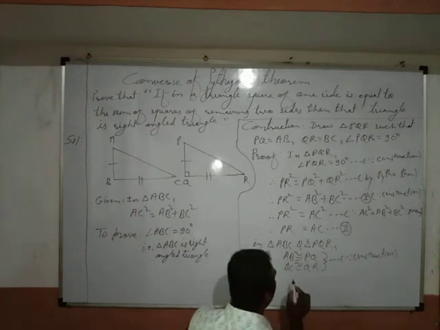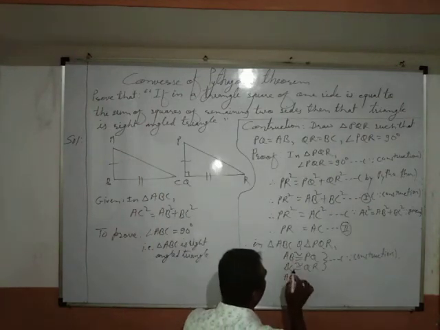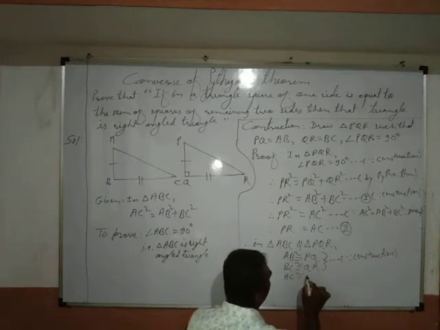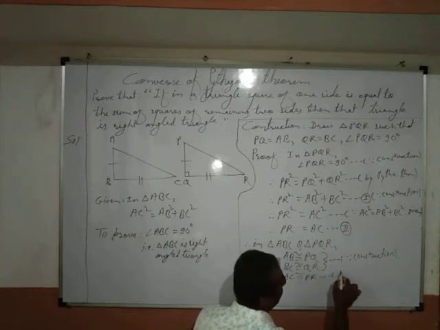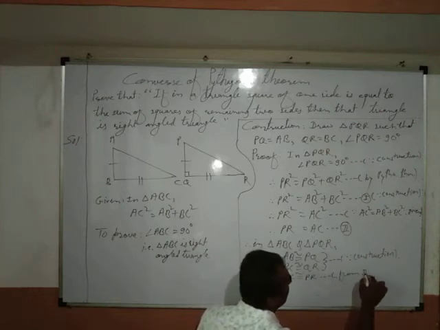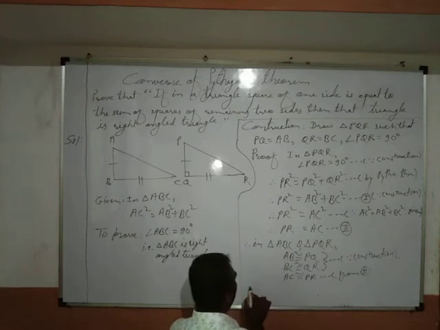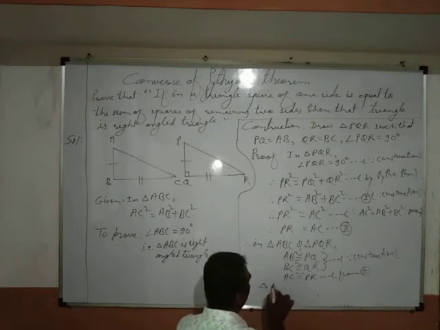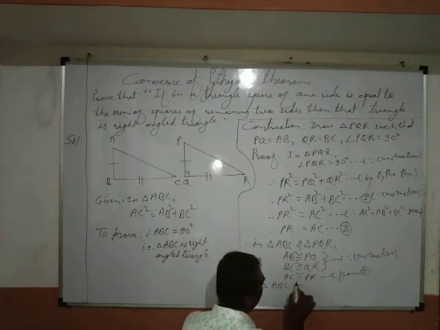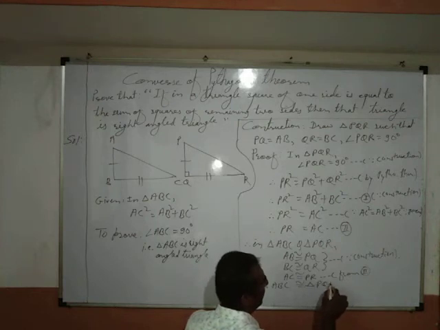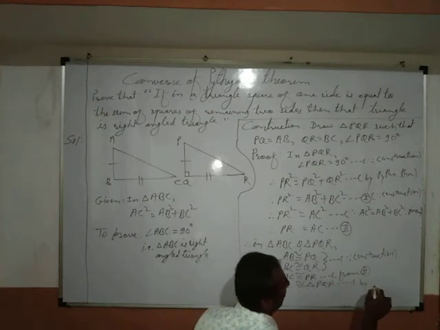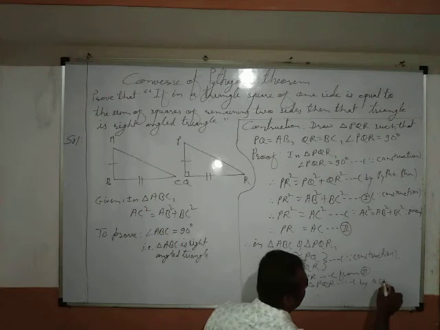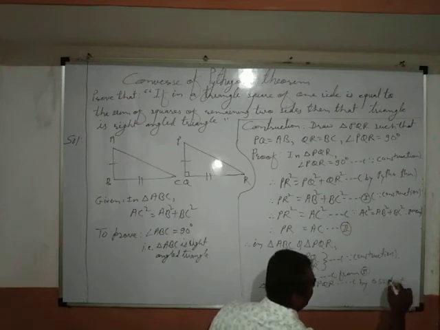And the third side, that is AC, AC is congruent with PR from second, and therefore triangle ABC is congruent with triangle PQR by SSS test.